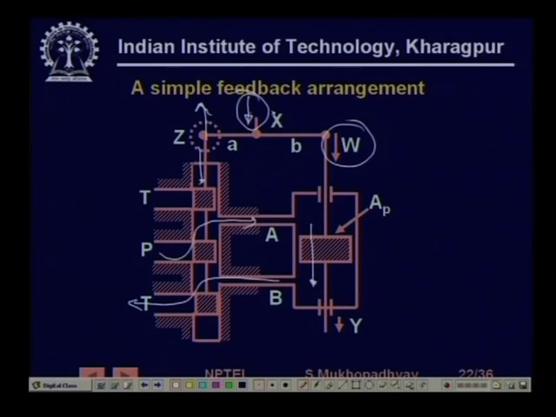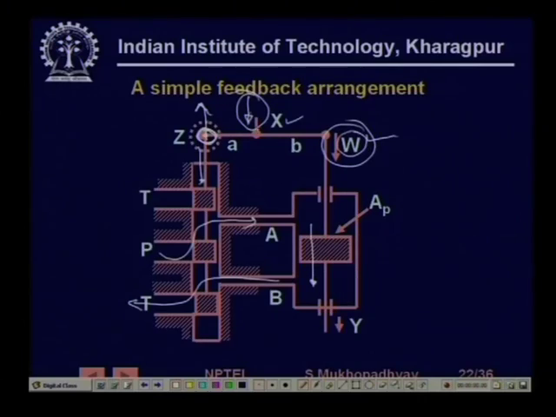If you want to analyze the motion of this Z which finally creates the flow, you have to look at it like this. Imagine that there are actually two inputs and this is the motion that you want to analyze. So, first of all you apply superposition. First assume that W is 0 and X is applied.